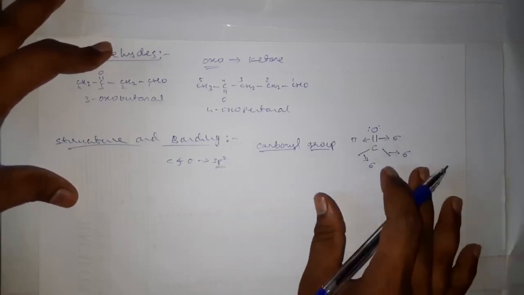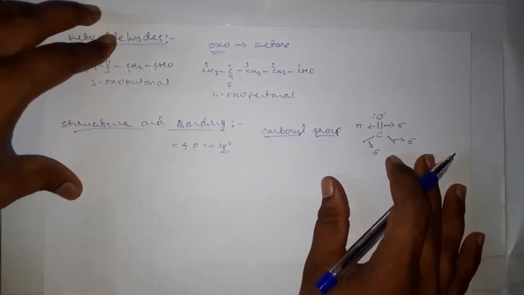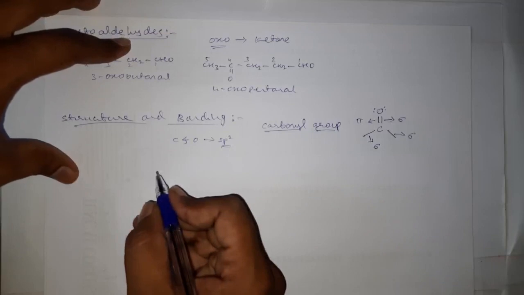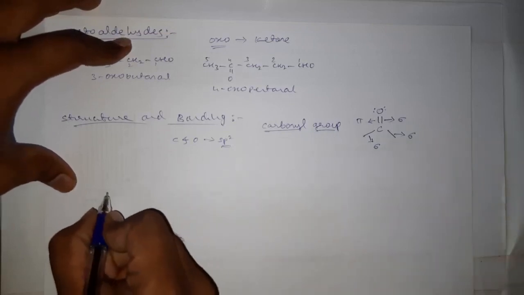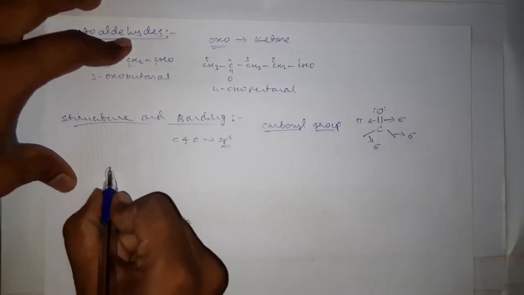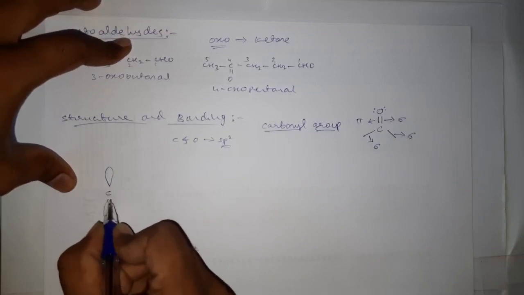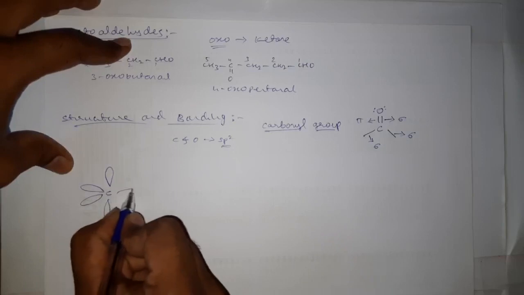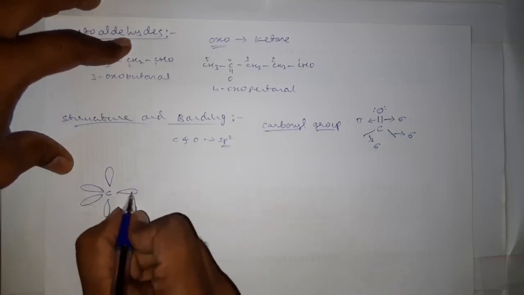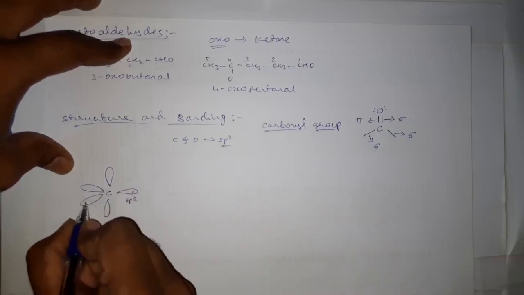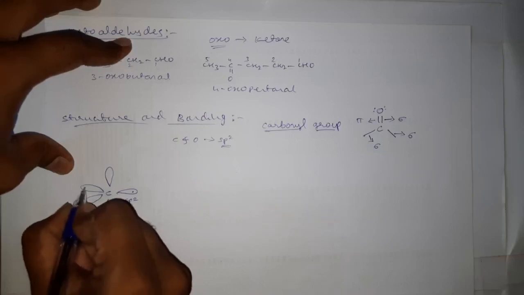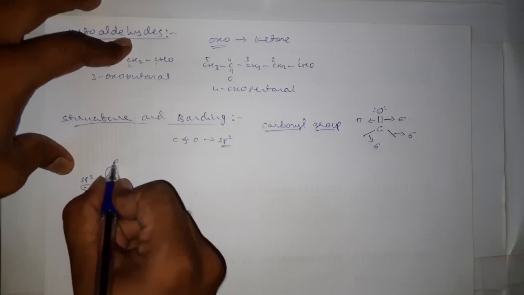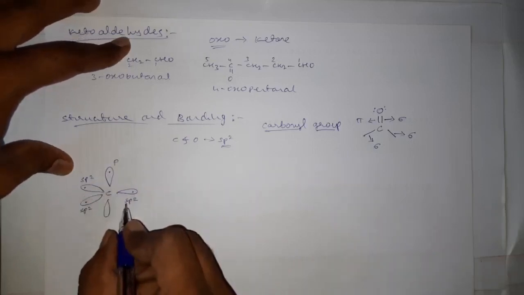Okay, and for the sigma bond which is formed between the carbon and oxygen, we can write the orbital overlapping structure: carbon with sp2 hybridized orbitals. This carbon has 3 sp2 hybridized orbitals, correct, and this one is an unhybridized p orbital.